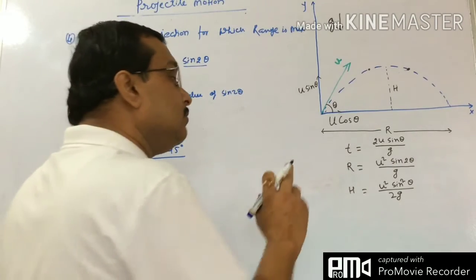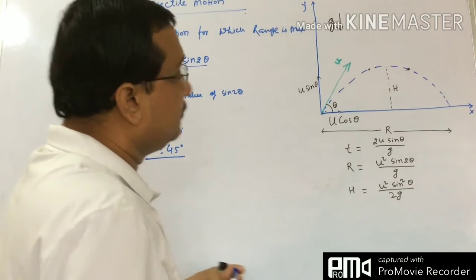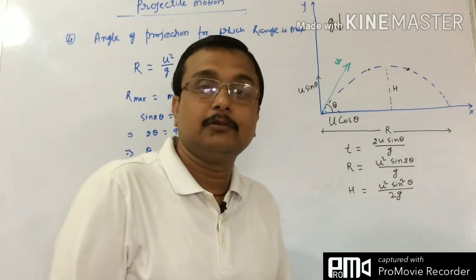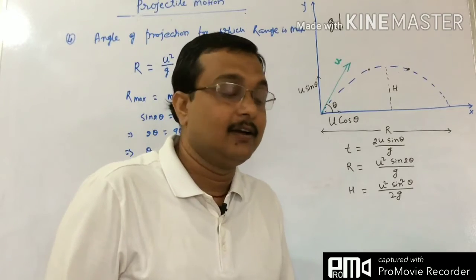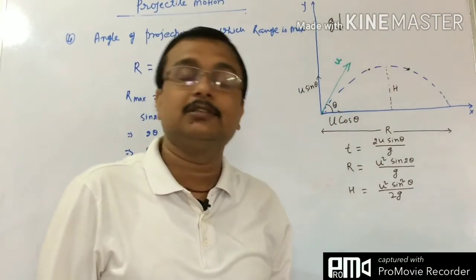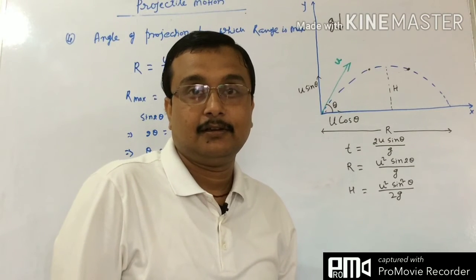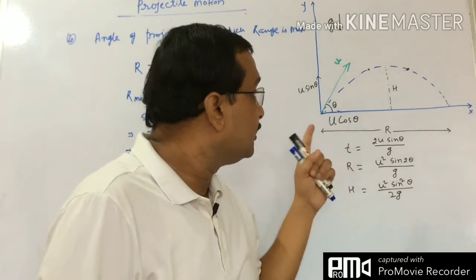So if you want to achieve the maximum range, you have to hit the ball at an angle of 45 degree. Perhaps you can talk it over with the cricketers. When a cricketer hits the ball and the ball has to go for the maximum distance, so as to make it a 6, he has to hit it at an inclination of 45 degree.